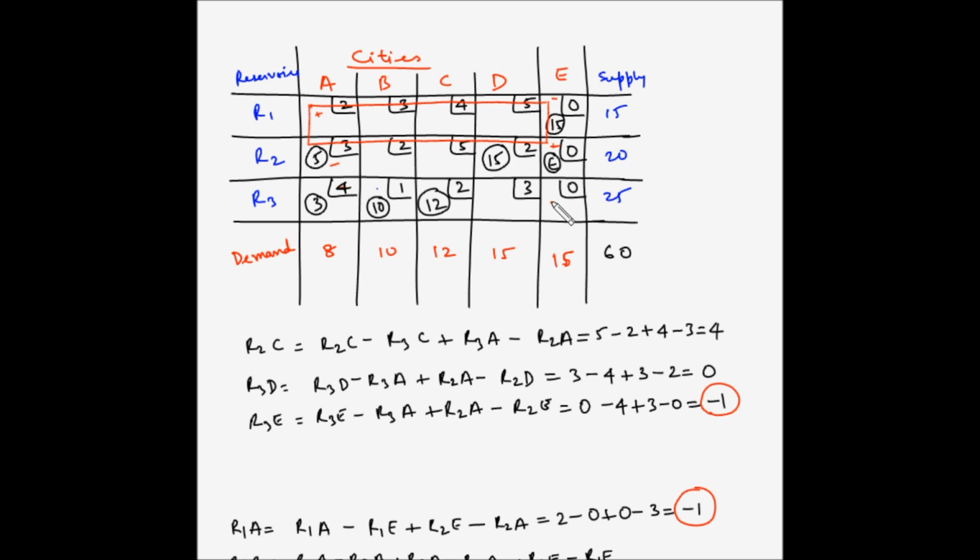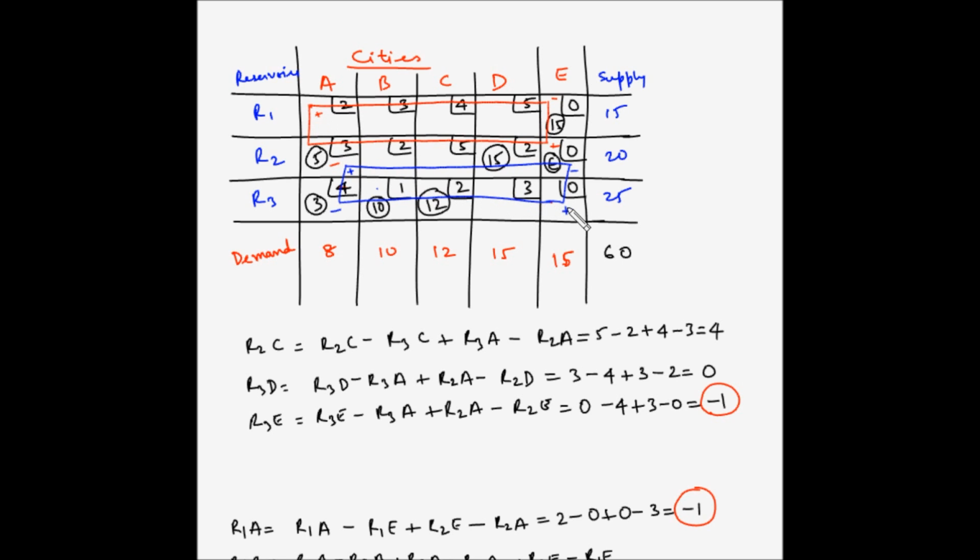And for R3E, the closed loop is R3E to R3A, R2A, R2E, and then back to R3E, plus minus plus minus. So the maximum that we can allocate to a water square is the minimum at the squares with the negative sign. In case of R1A, the minimum between 15 and 5 is 5. So we can allocate 5 units to R1A.